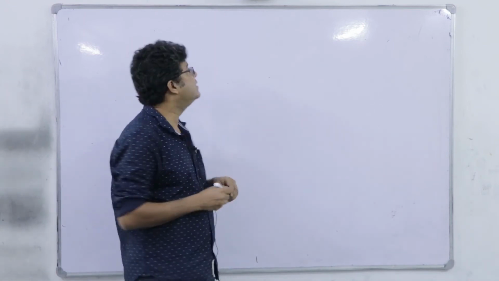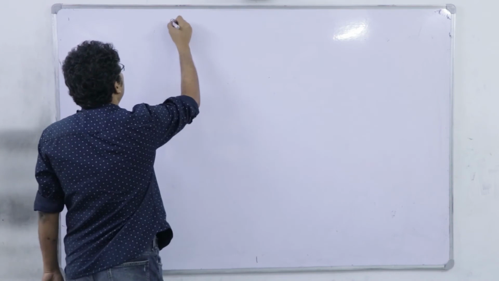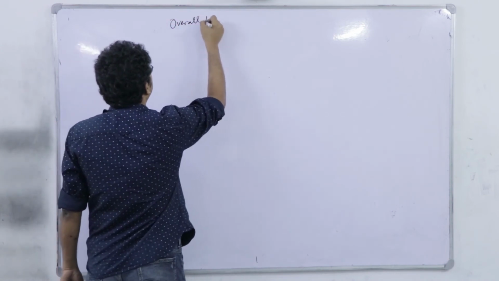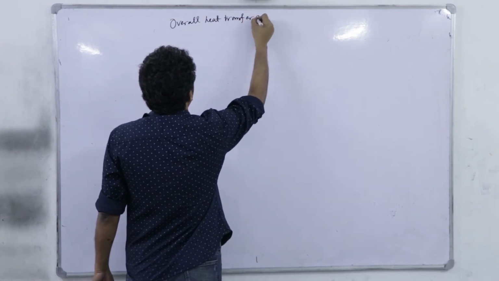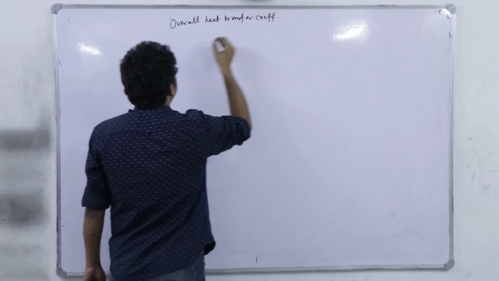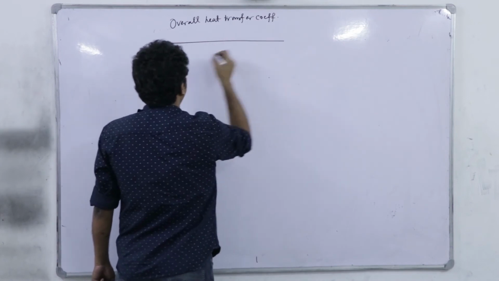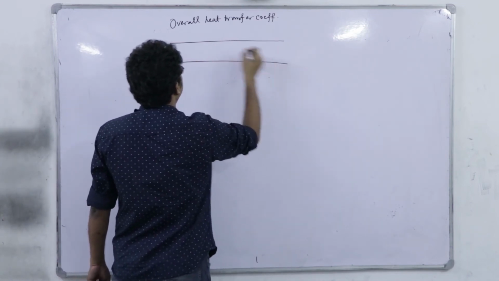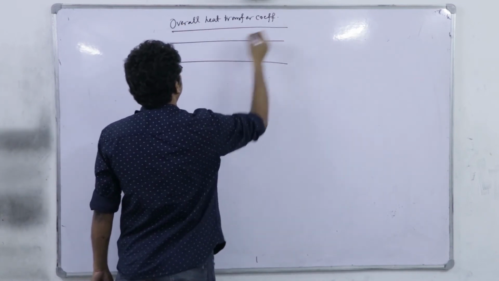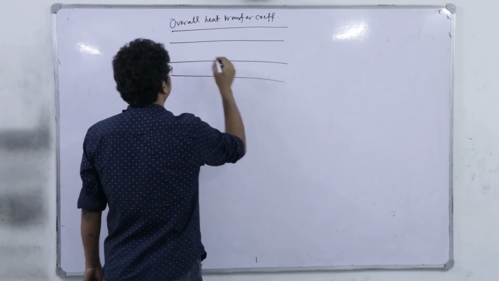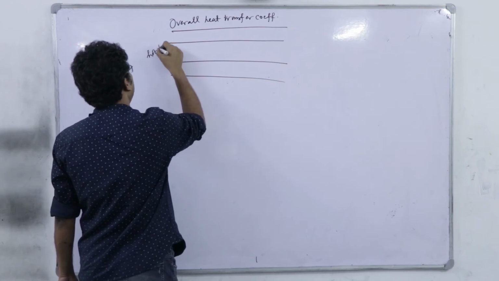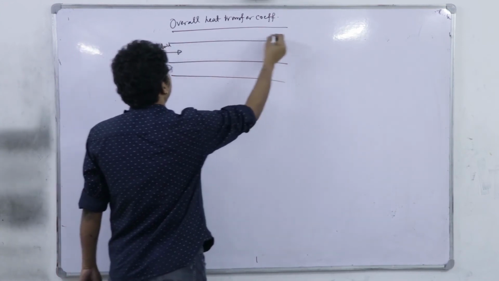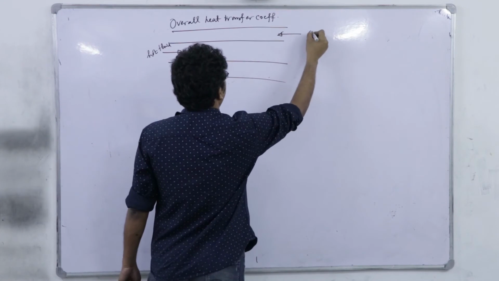So, in order to understand the concept of overall heat transfer coefficient, fundamentally we have to understand the structure of the double pipe heat exchanger. See, this is the double pipe heat exchanger, that is the inner pipe, say hot fluid or cold fluid, whatever, and in this direction we have the cold fluid.